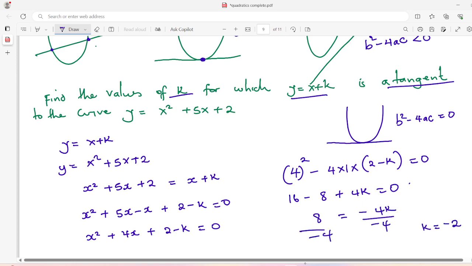So it was one value of k. So find the value of k for which the line is a tangent. For you to have this line as a tangent, it means that line must be y equals x minus 2. So you begin by solving simultaneously because they are all equal to y, you equate them. If one is not equal to y, you first make one the subject and use substitution. So you equate them, form something quadratic.